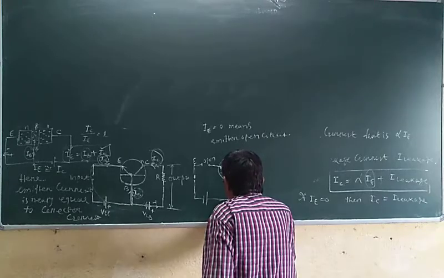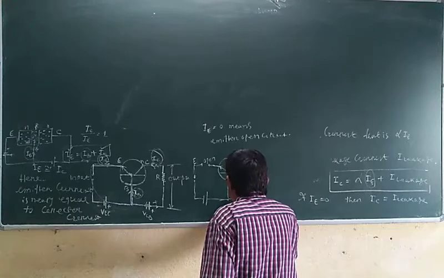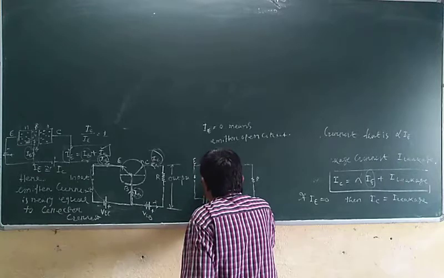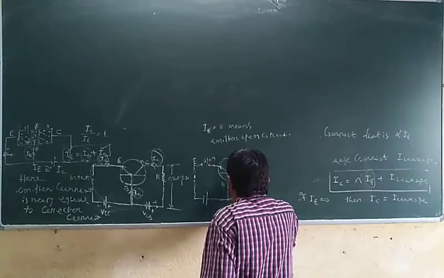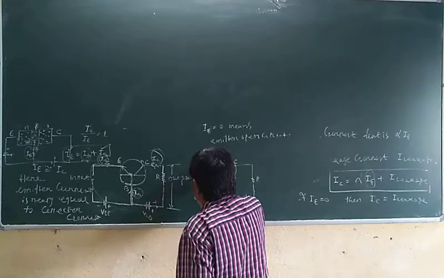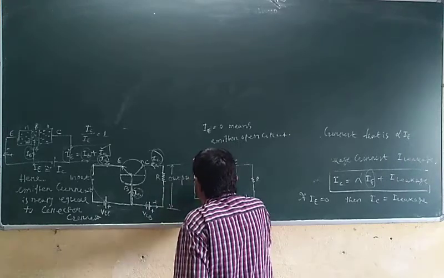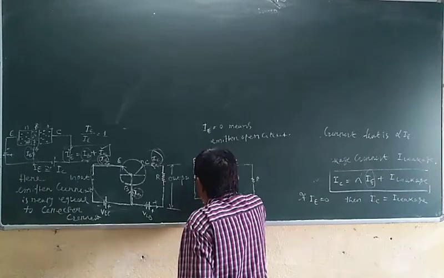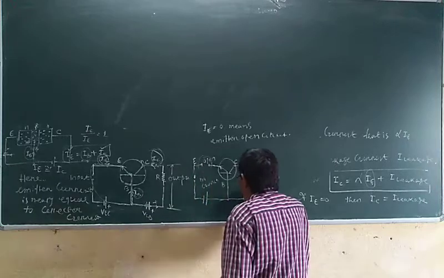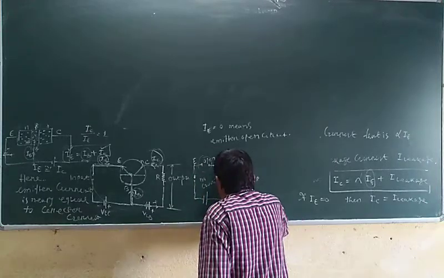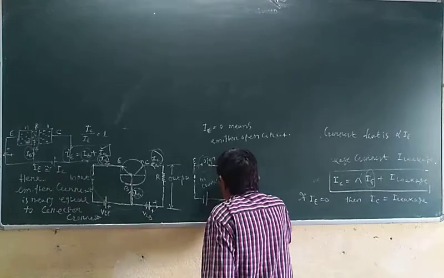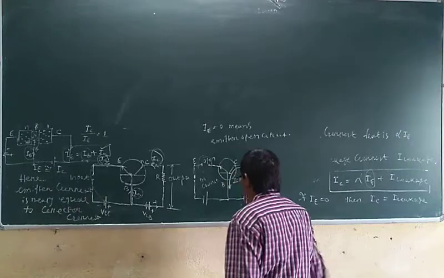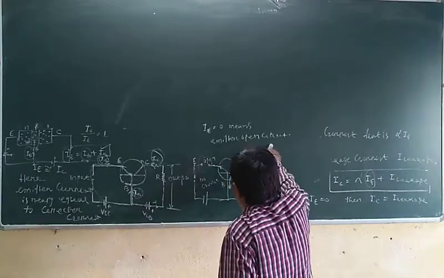In this section, the positive is connected to the collector. That is the collector point, that is the emitter point, and that is the base point. Now, current will not pass in an open circuit, so there is no current flowing in this junction because it is an open circuit. Only the current in this section will pass. This connection is known as ICBO. The leakage current is known as ICBO.